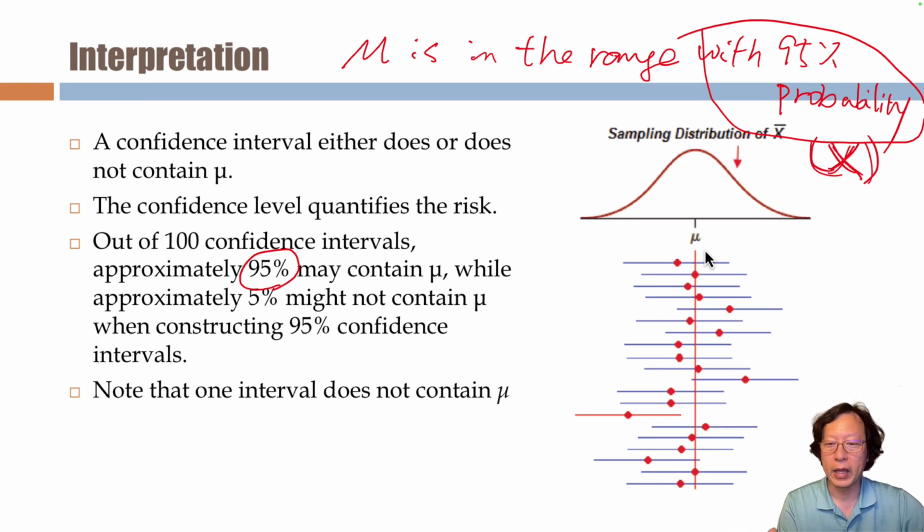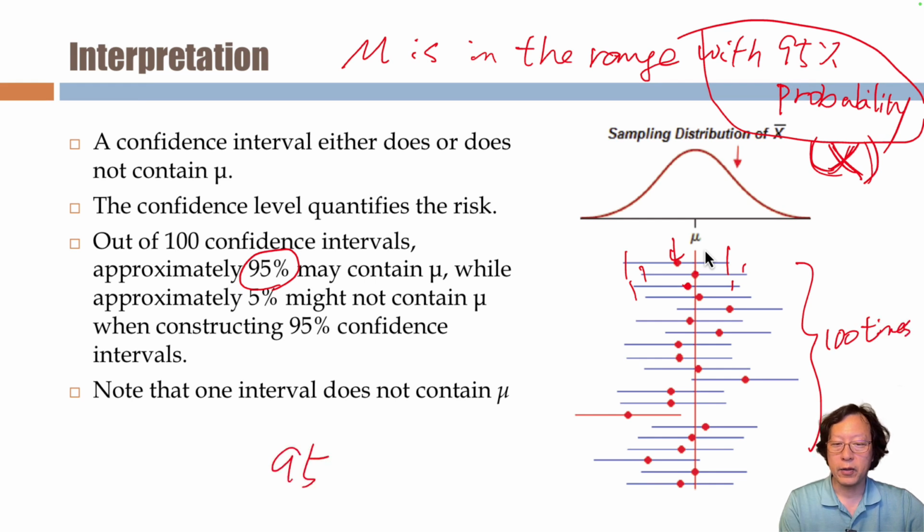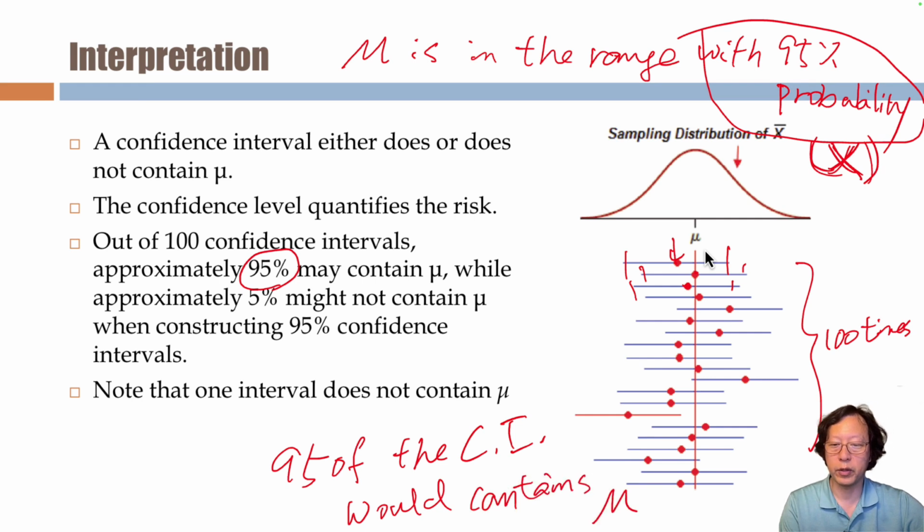You cannot say that. However, if we create this confidence interval, find the x bar and calculate the confidence interval, find the x bar, calculate the confidence interval, and so on, and we do this 100 times, 95 of the confidence intervals would contain the population mean.